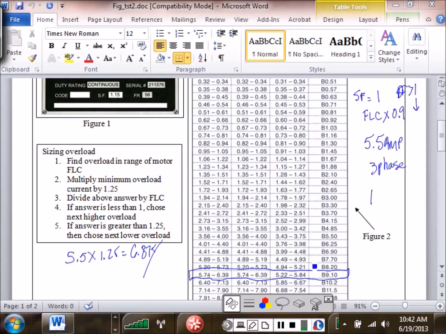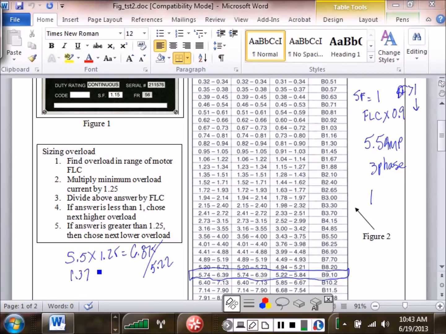No, I'm sorry. Yeah, the minimum overload current, 5.22. Okay, 1.317, that's bad because it's greater than 1.25. So what does this tell us? It's greater, so I'm going to go lower, right? You understand?